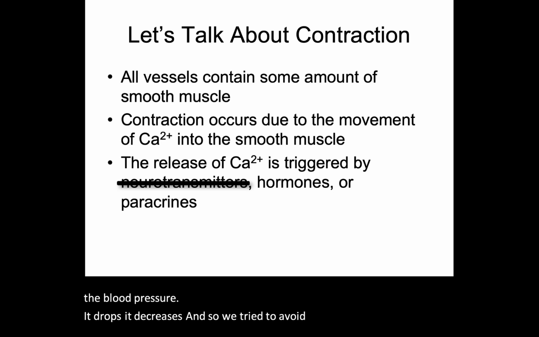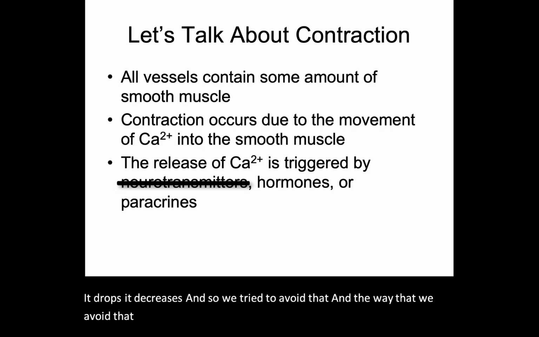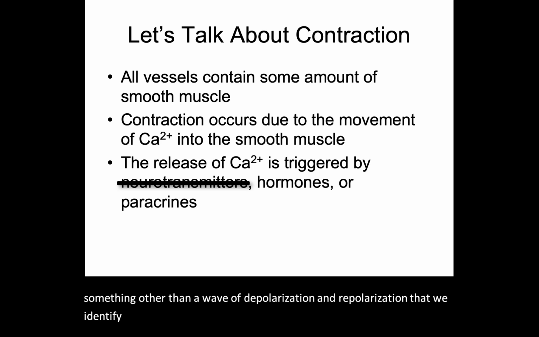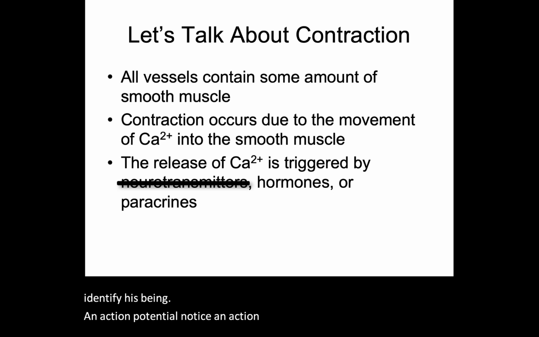And the way that we avoid that is by having a continual contractional event that is stimulated by something other than a wave of depolarization and repolarization that we identify as being an action potential. Notice, an action potential has nothing here to do with whether or not smooth muscle contracts.